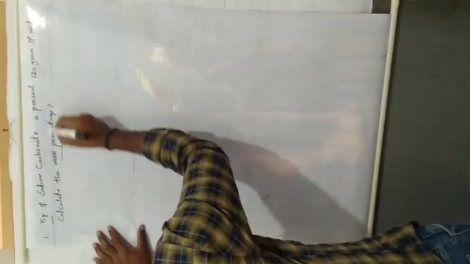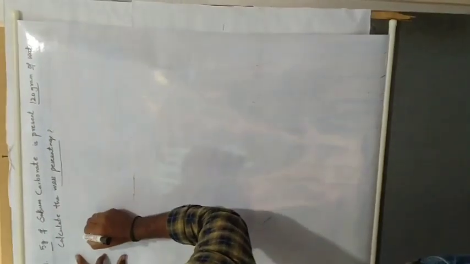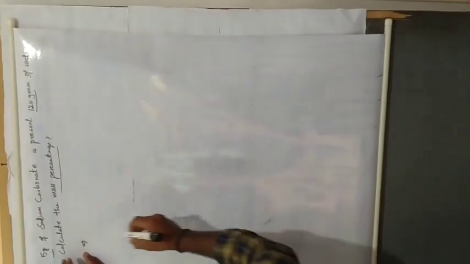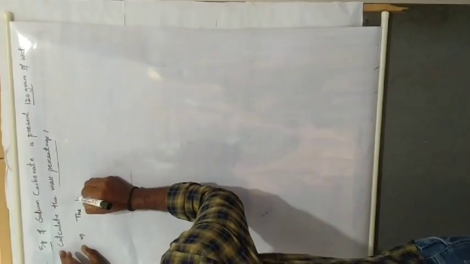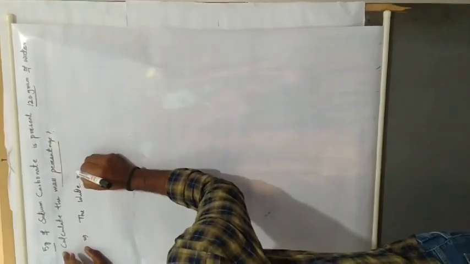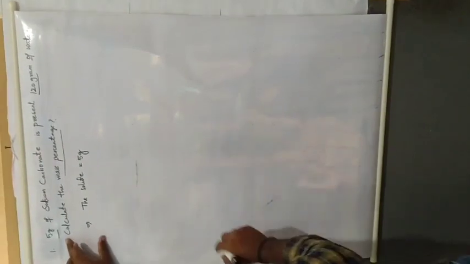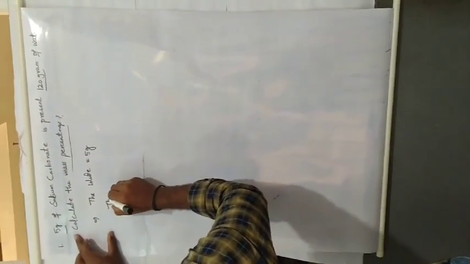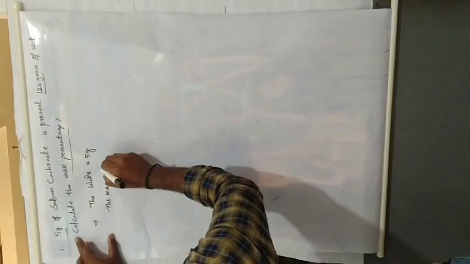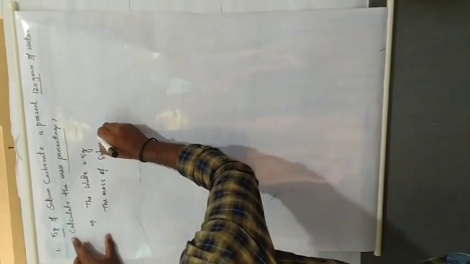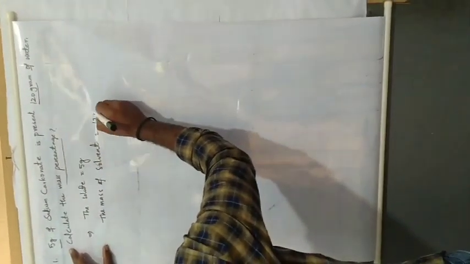First of all, they gave 5 grams and 120 grams. 5 grams is the solute, so the mass of solute is 5 grams. And the mass of solvent is 120 grams.